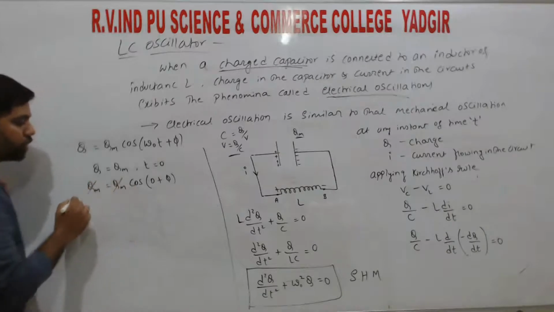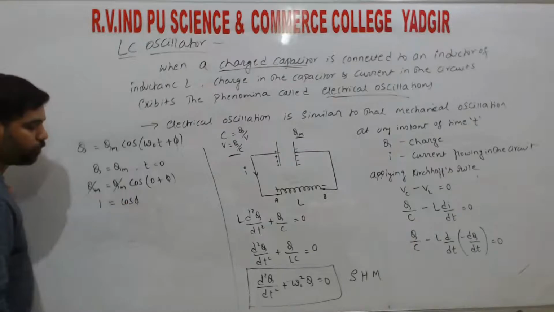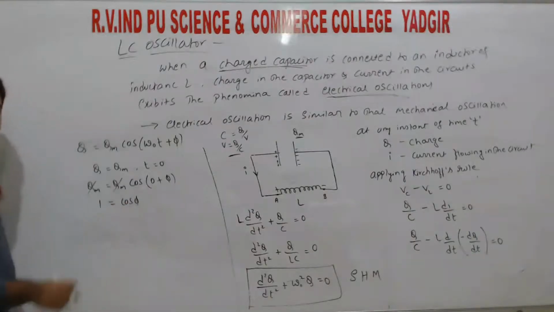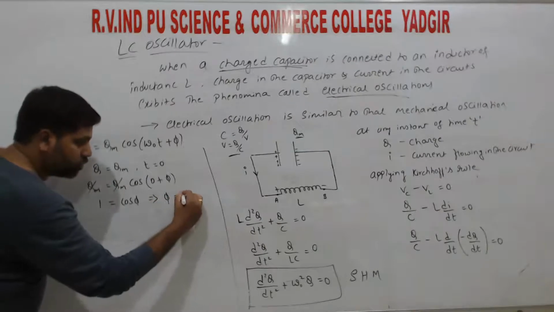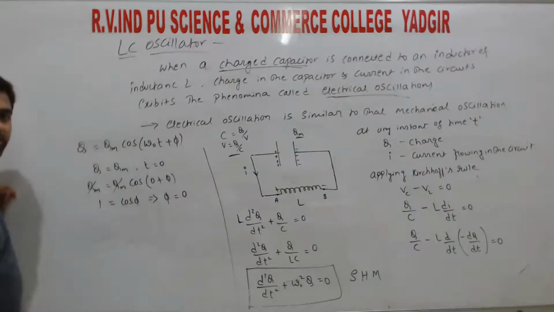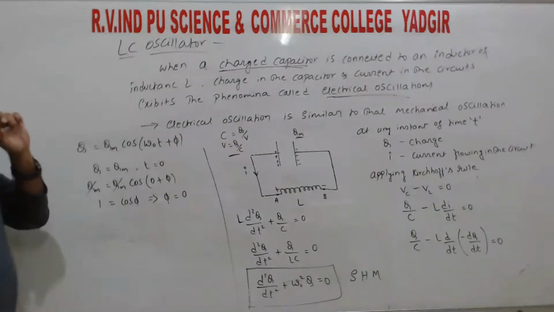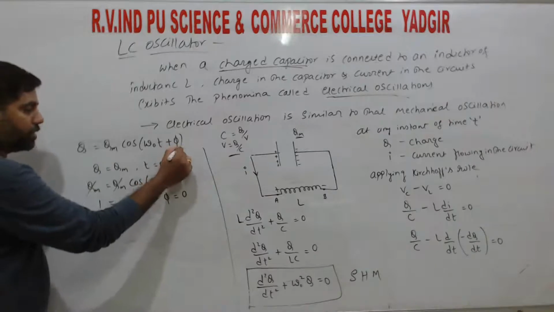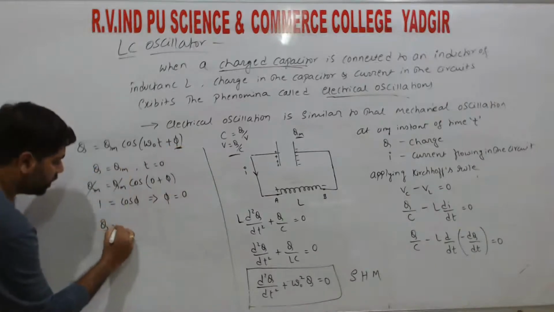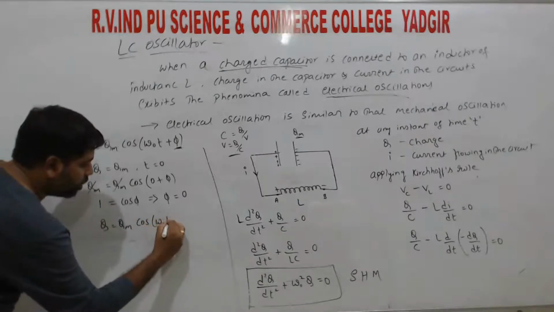So qm gets cancelled. 1 is equal to cos pi. That means power factor is 1. From this we can write pi is equal to 0. That means there is no phase difference between the current and the charge, right? So substituting pi is equal to 0, we get q is equal to qm cos of omega naught t.